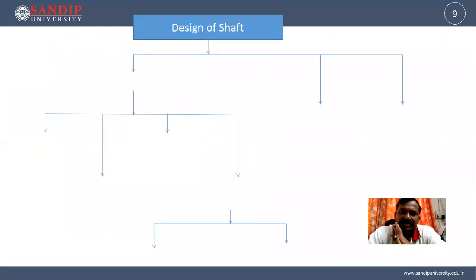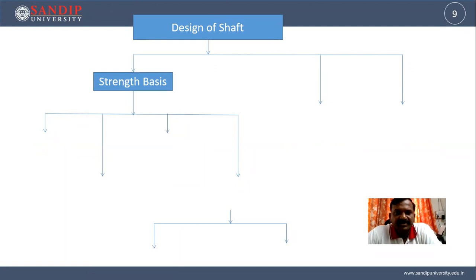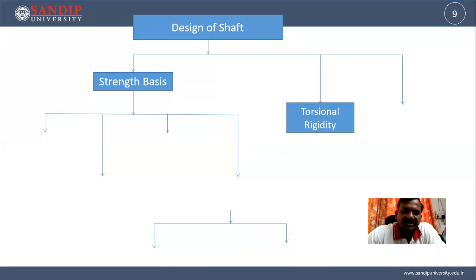Now, when we design the shaft, the design of the shaft is based on three criteria. The first one is based on strength. Depending on the loading, we will design the shaft on the strength basis. Generally, this particular concept of design is used. In addition to that, we have design of the shaft based on torsional rigidity, where more torque is there, where it is subjected to a higher torque value, twist.